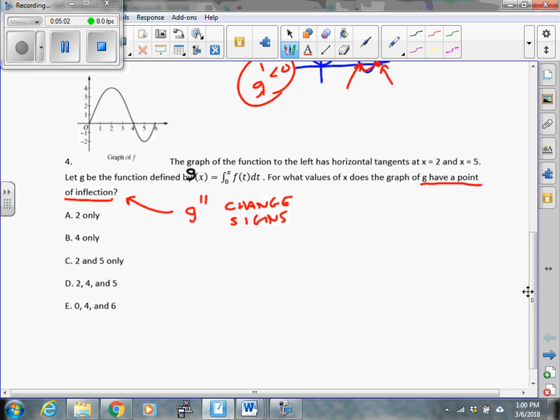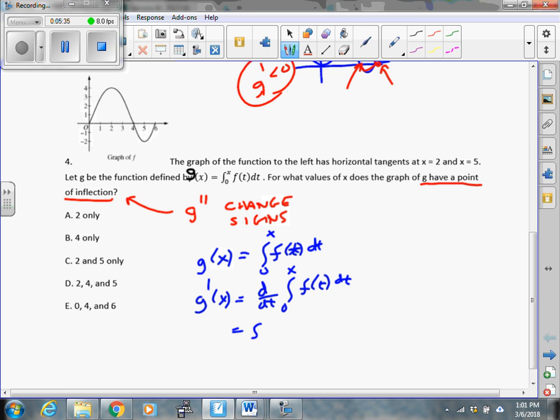Oh gosh, they give me g. And g is the area under a curve. The area under that curve. But I don't want that. I want its derivative. So you take the derivative. If you take the derivative of that, you get just f(x).